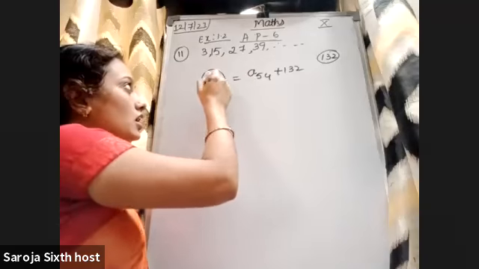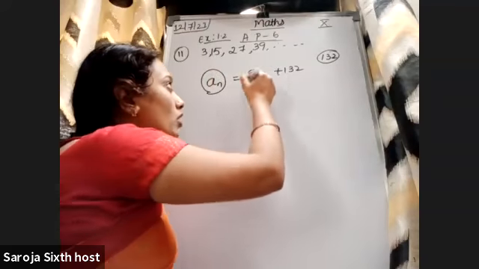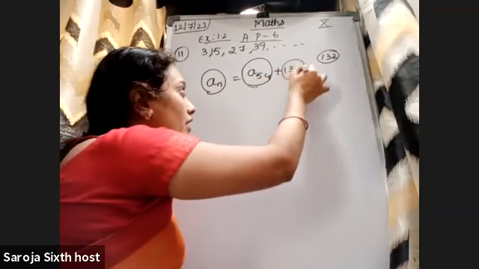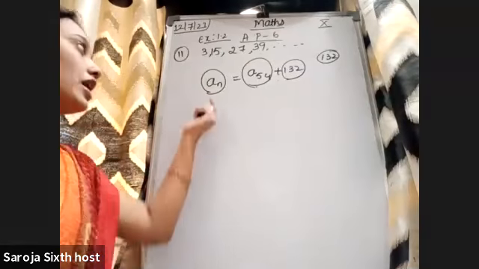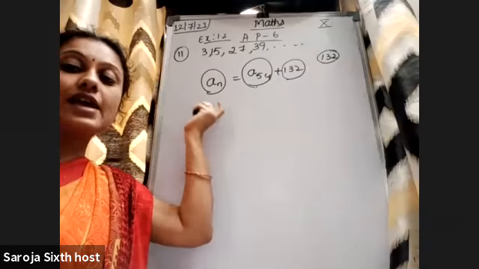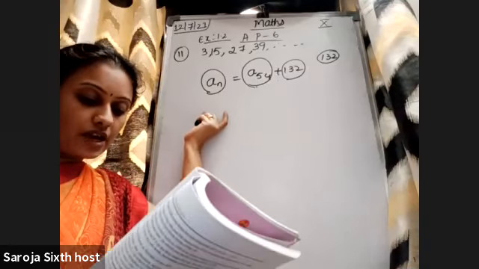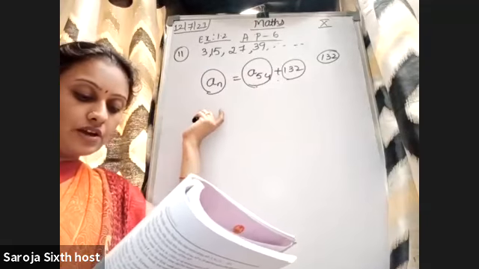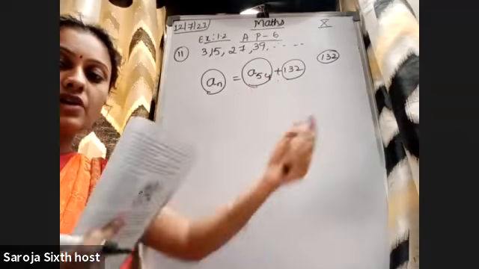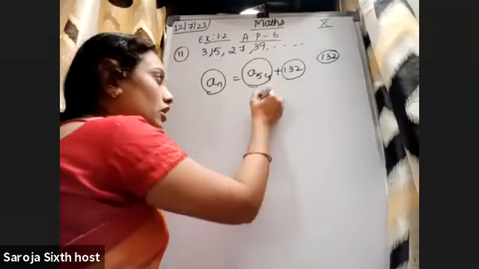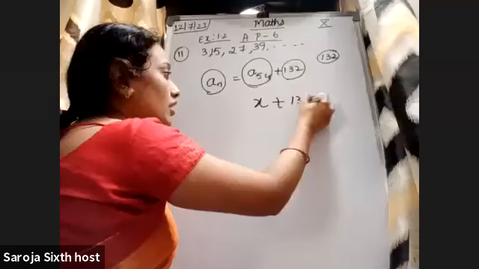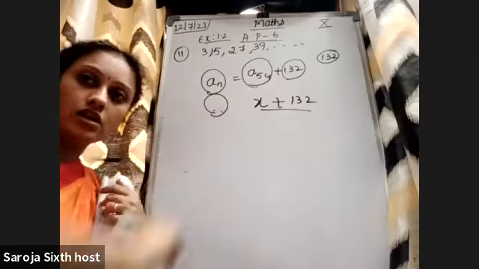This is a term which is the 54th term of the AP plus 132. It means we are going to get one term. That term we don't know, so we are considering it as a_n. It will be 132 more than this 54th term. If I take the 54th term as x, then this term plus 132 will be this nth term.